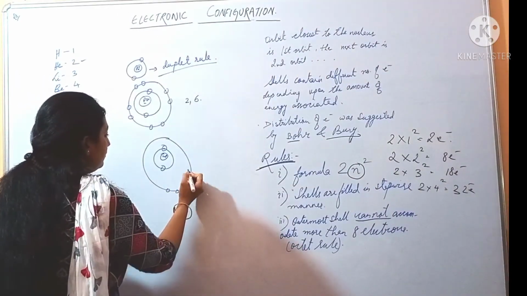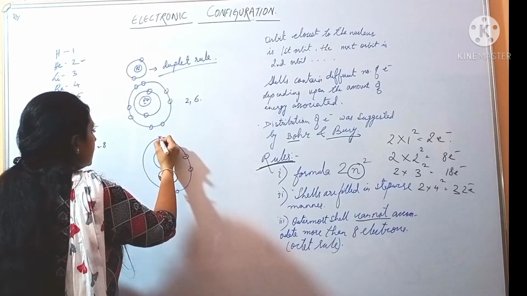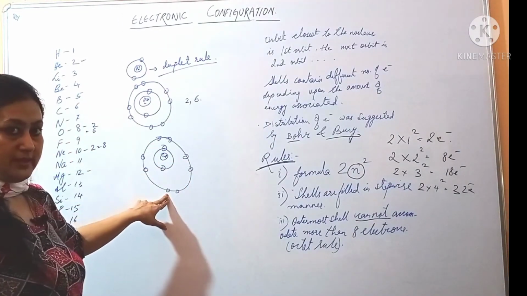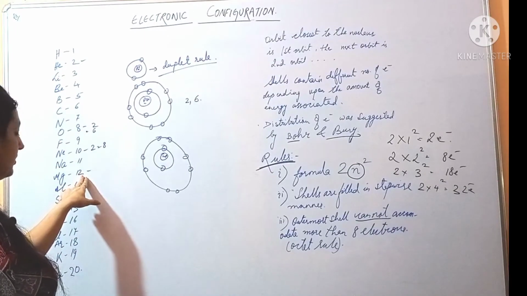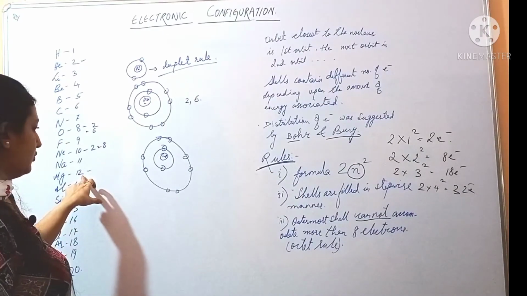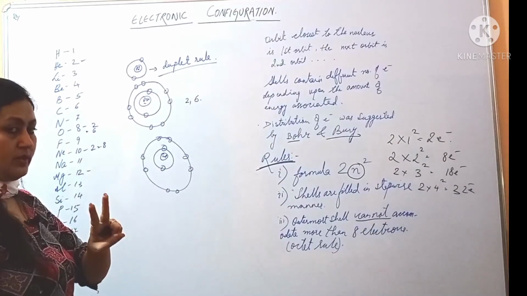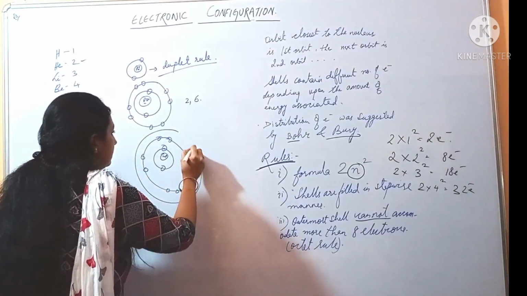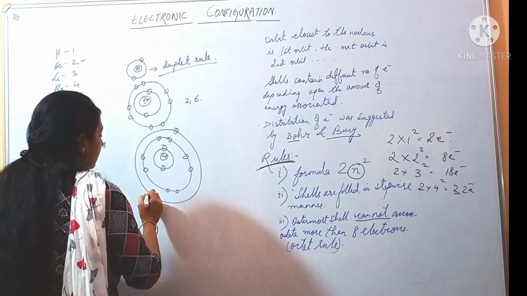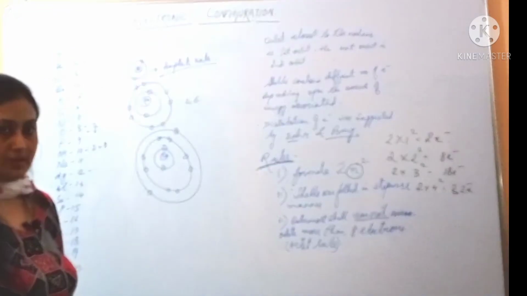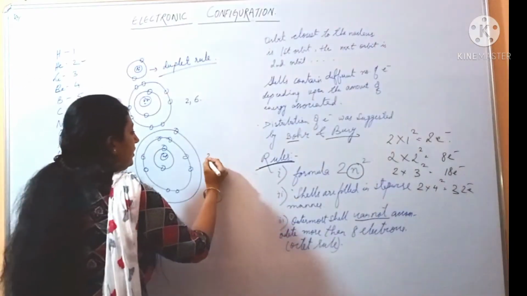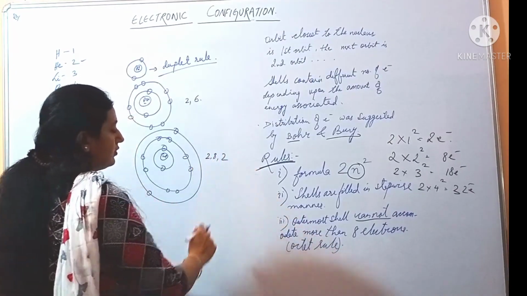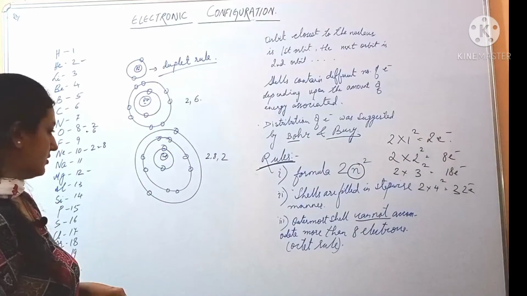So it will have 1, 2, 3, 4, 5, 6, 7 and 8 in the second. 2 plus 8 make 10, but its atomic number is 12, that means it has 12 electrons. Two electrons are still there, which need to be filled. So we'll have the third orbit and 2 electrons will come here. So its configuration would be 2 in the first, 8 in the second, and 2 in the third, a total of 12 electrons.